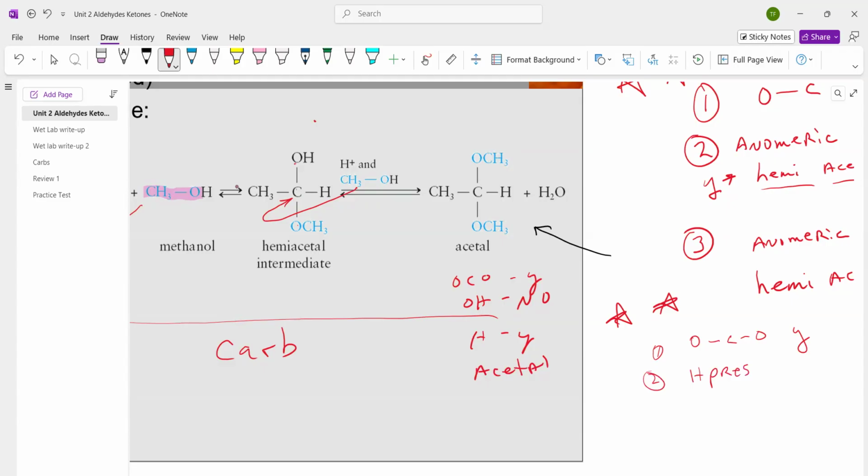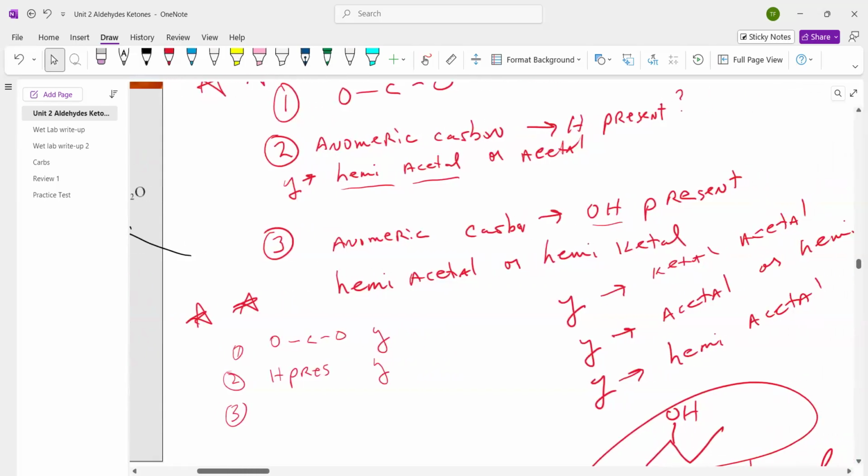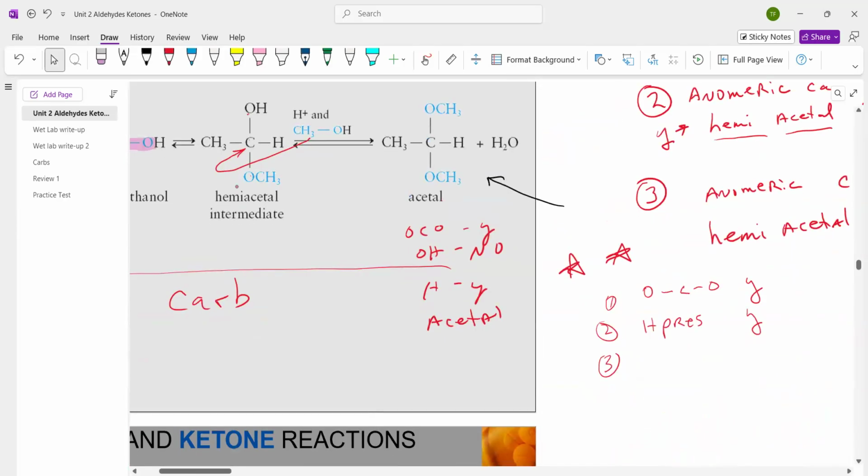H present. Yes. Okay, if an H is present, that means it's a hemi something, hemiacetal or hemiketal. Acetals come from aldehydes, ketals come from ketones. Step number 3 is is there an OH present? Okay, and there is an OH present.